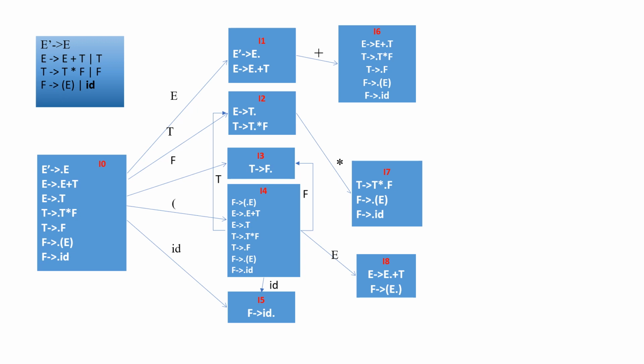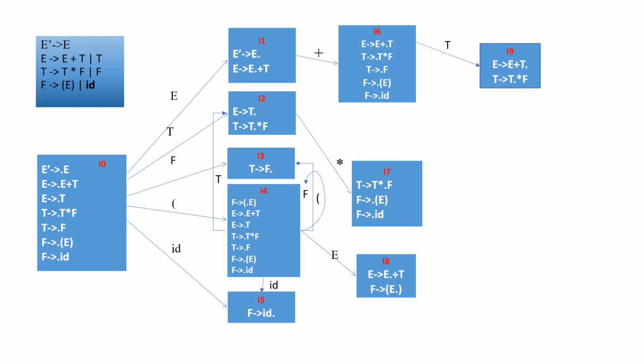So the transition to I2, on seeing F, the transition to I3, on seeing ID, the transition to I5, on seeing open bracket, it will produce the same thing, state I4. Okay, so no changes.